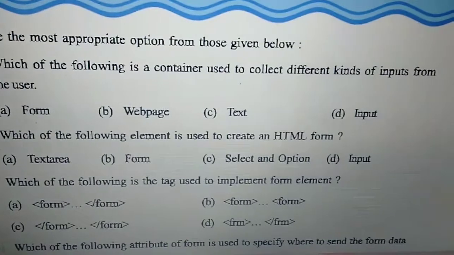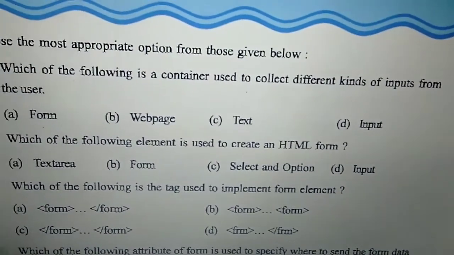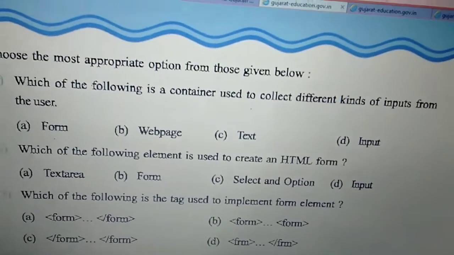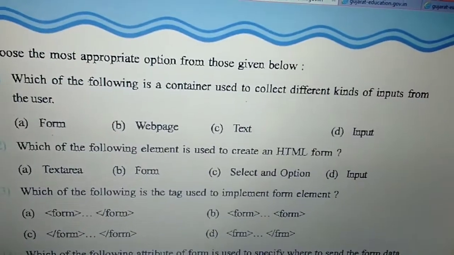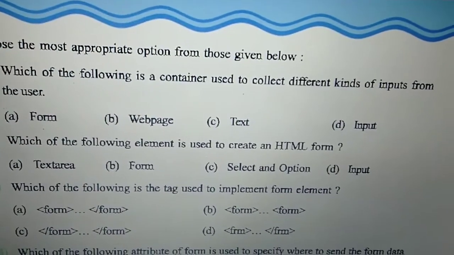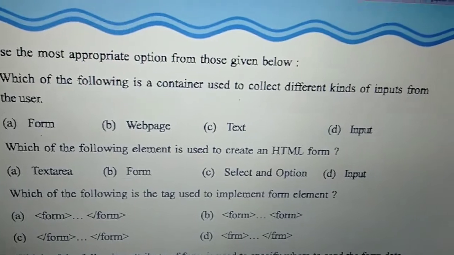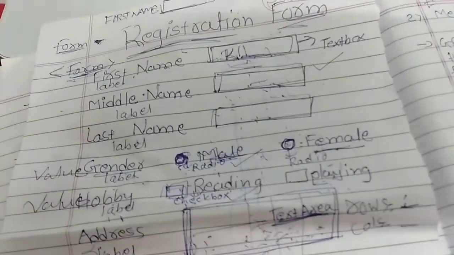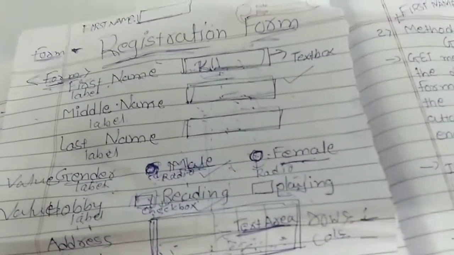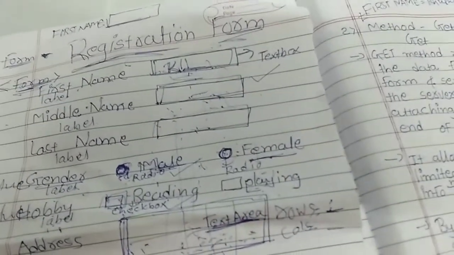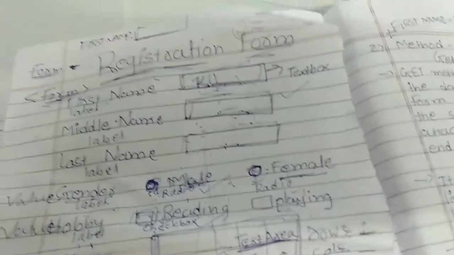Which of the following is a container used to collect different kinds of input from the user? Form, web page, text or input? If we want to create a registration form, then we must use the form tag.